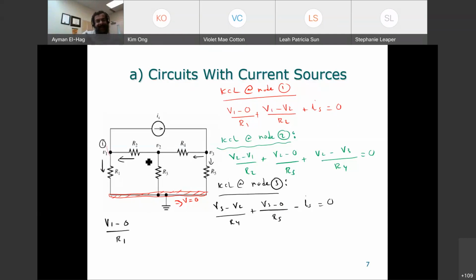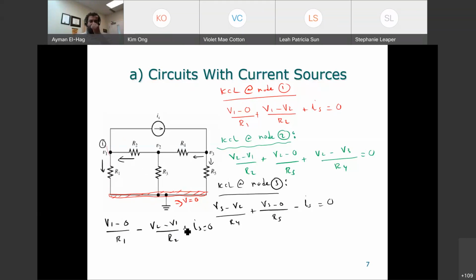This current enters the node, so this will be minus V2 minus V1 over R2. Why minus? Because now this is in the opposite direction of my convention. I'm assuming currents leaving are positive, so currents entering will be negative, or vice versa. It doesn't really matter. And this leaves plus IS equal to 0.